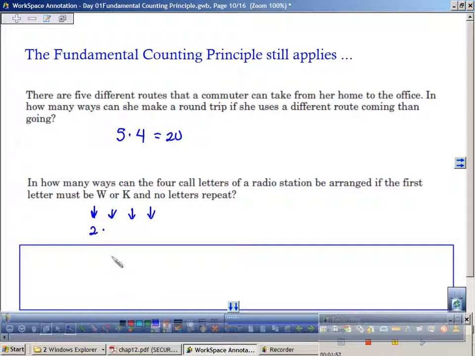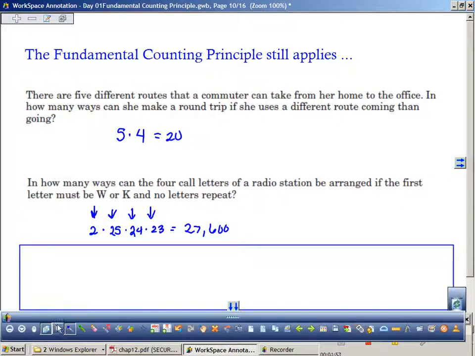There's 26 letters in the alphabet, and we can't repeat. So we already used 1 up, so then I only have 25 letters left, then 24 letters left, then 23 letters left. So that would be 27,600.